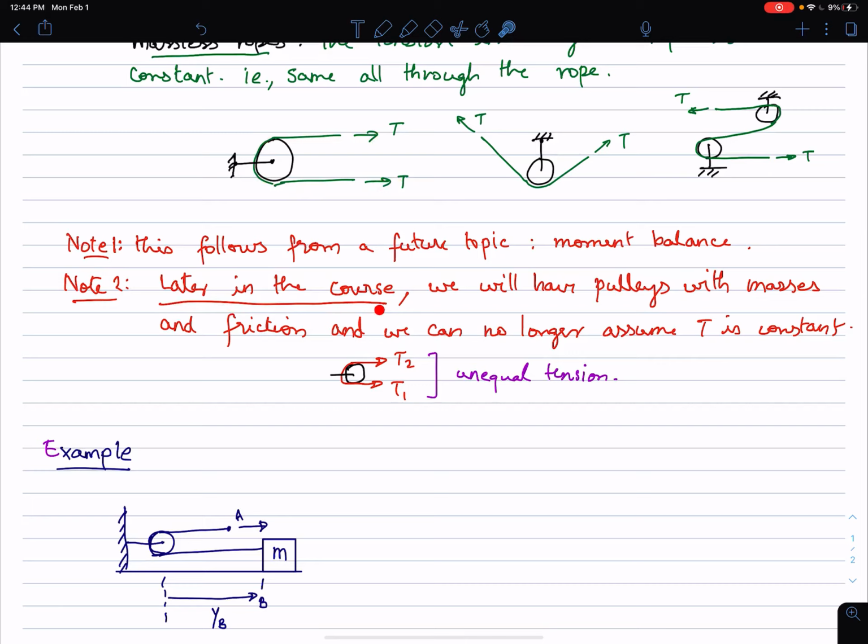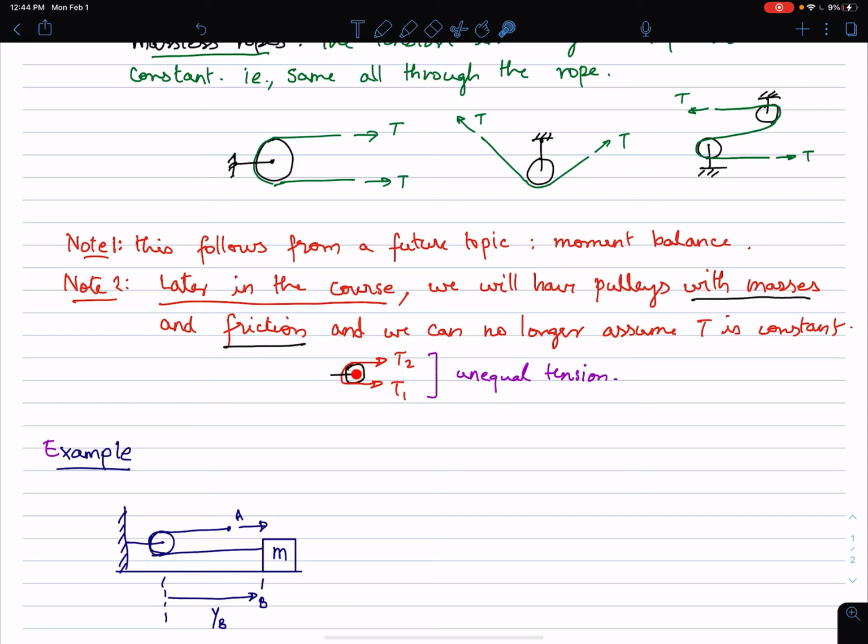Later on in the course, we will actually have pulleys with masses, and with friction potentially. And we can no longer assume that T is a constant. So imagine a pulley like this and a rope that goes like this.